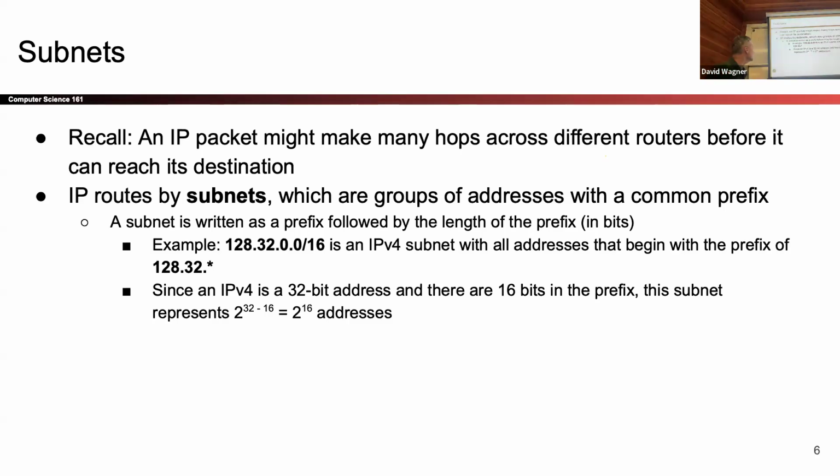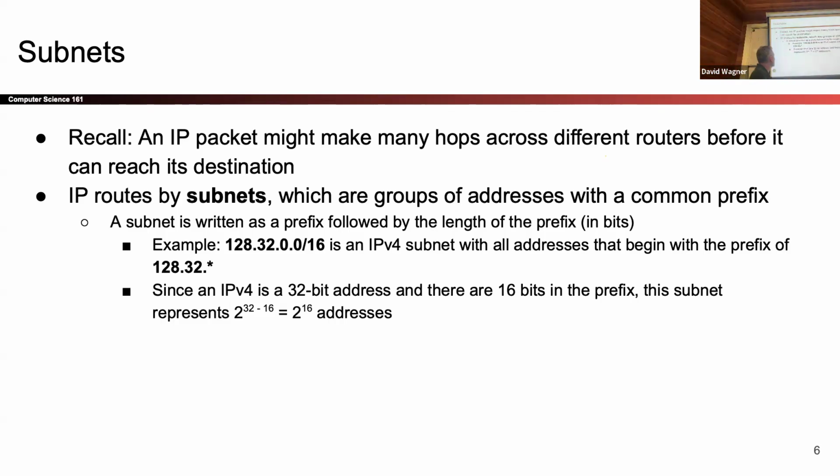Okay, same deal. In IP, machines are grouped into subnets. A subnet is kind of like a local area network. A subnet is a collection of IP addresses.